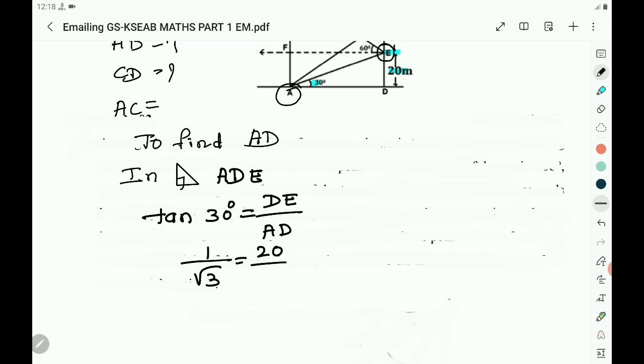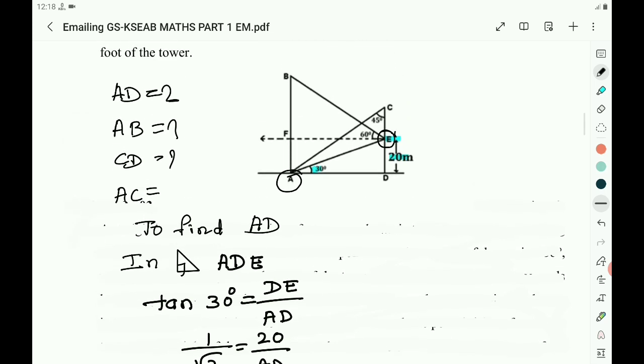DE is 20 by AD. Then do the cross multiplication. 1 into AD is AD equals 20 into root 3. 20 root 3 meter. That is the distance between the foot of the building and foot of the tower.